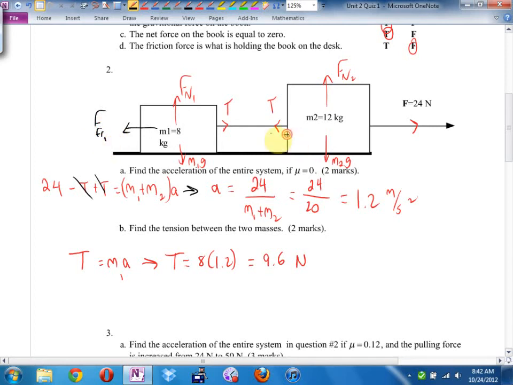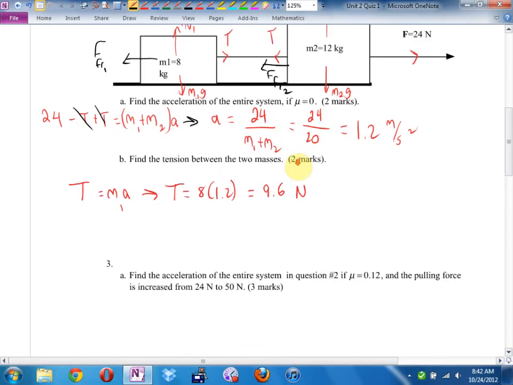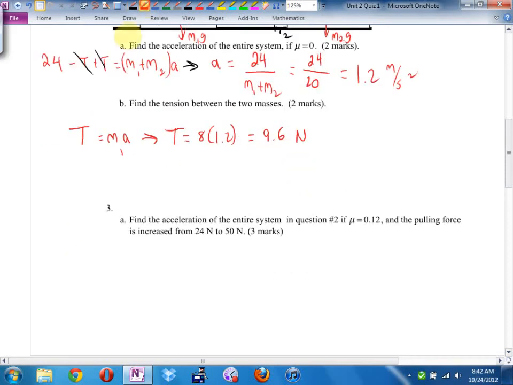And there's also friction force number 2. So my equation's going to look a little bit different. It's going to be winner minus loser minus friction force number 2 plus winner minus friction force number 1.